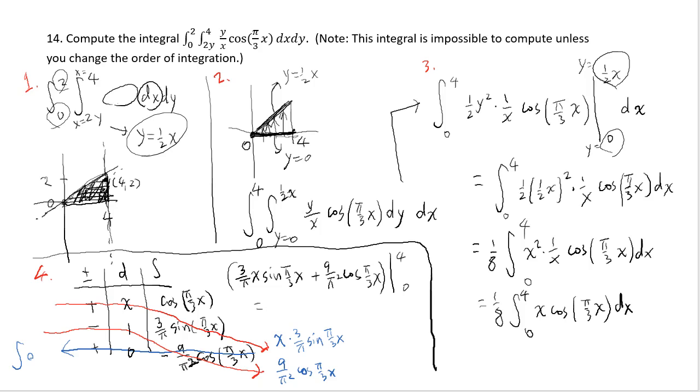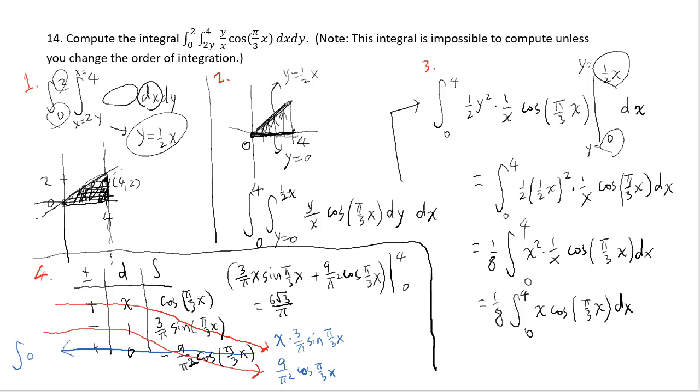When I plug in 4, what's sine 4 pi over 3? Sine 4 pi over 3 is negative radical 3 over 2. And if I plug in 4 here, that's 12 divided by, okay, so it's going to be 6 radical 3 over pi if you plug in 4 here.